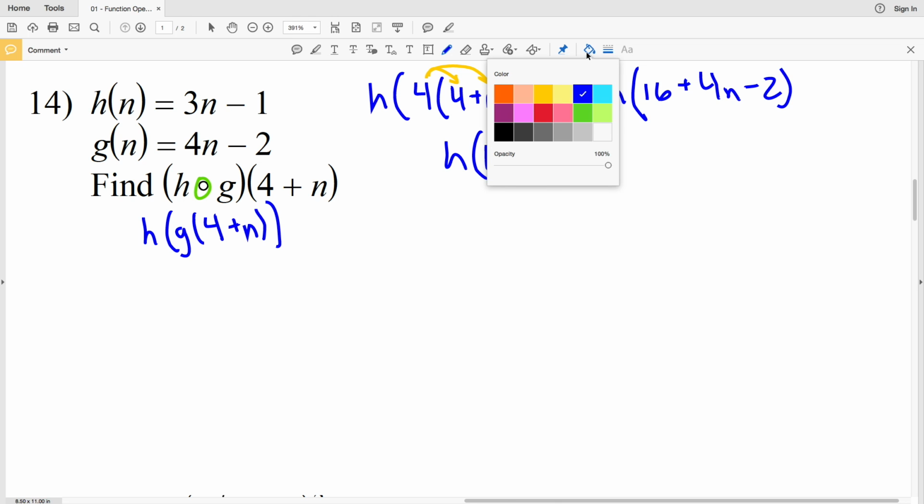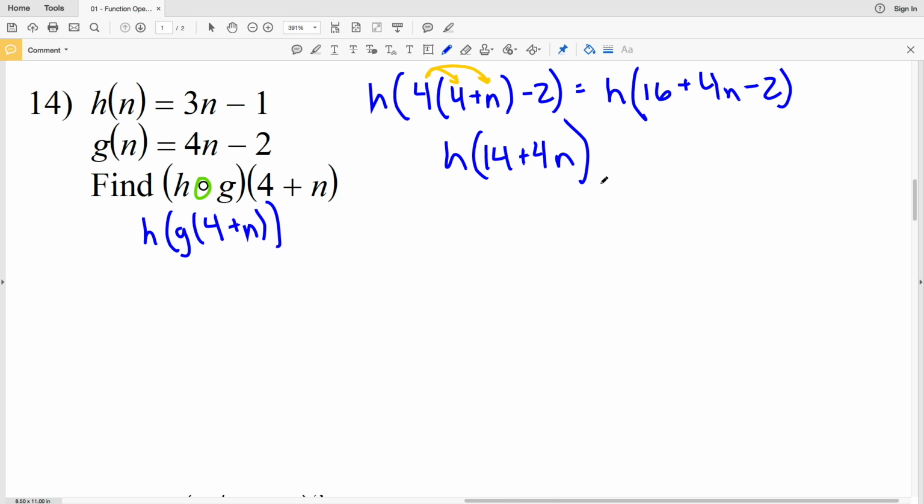So my function h of 14 plus 4n is going to be 3 times 14 plus 4n minus 1. So you can see here is 14 plus 4n, and I plug that in for my variable. So 3 times my quantity minus 1.